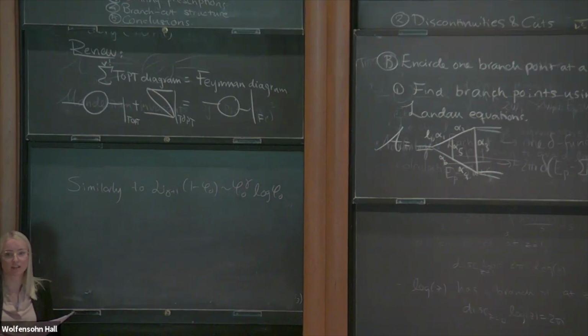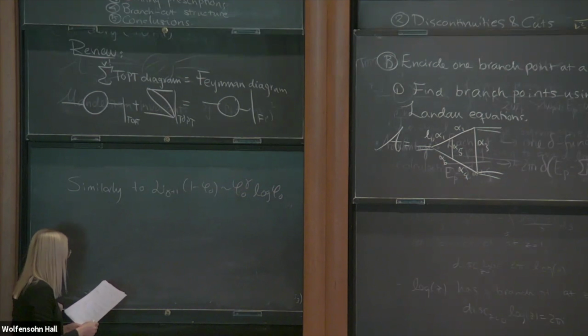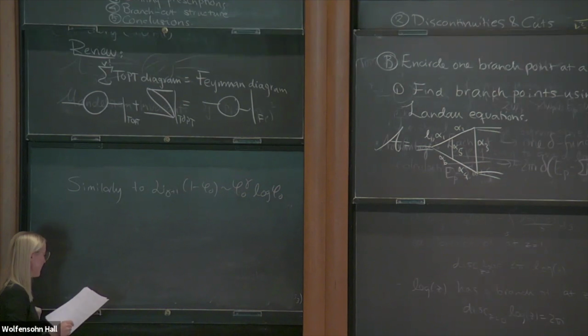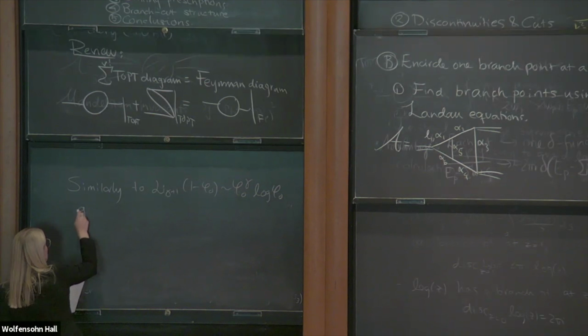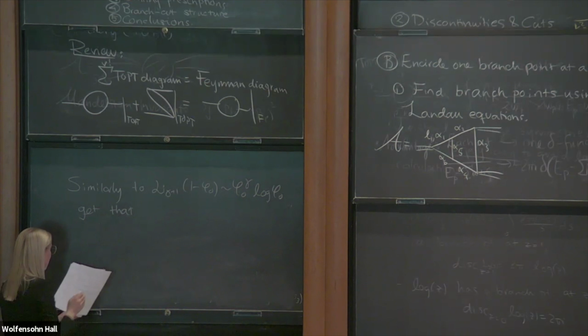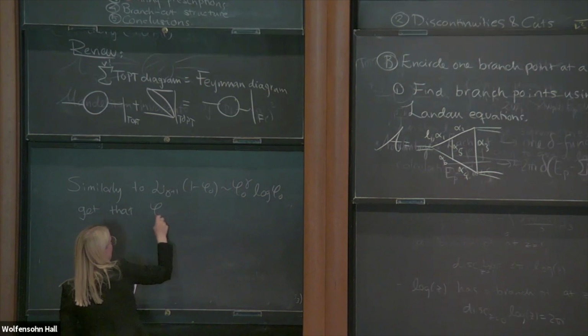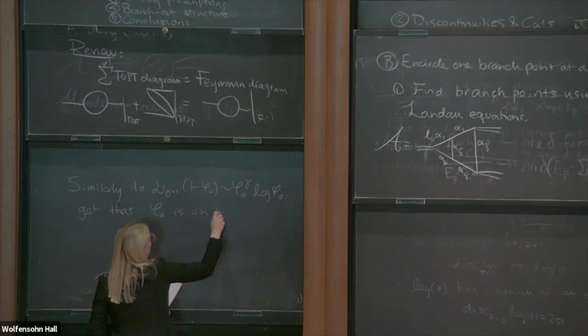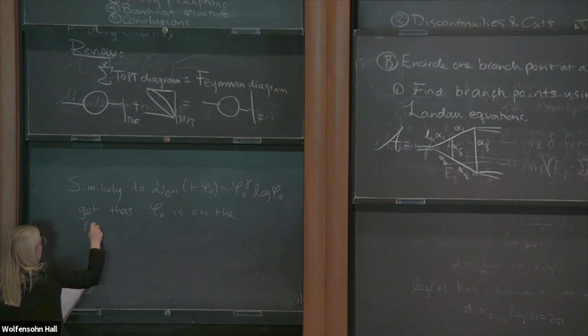This expansion is actually more general than for the Li. It's for all polylogarithmic functions. For generalized polylogarithmic functions, we get that phi naught is on the gamma plus first sheet.